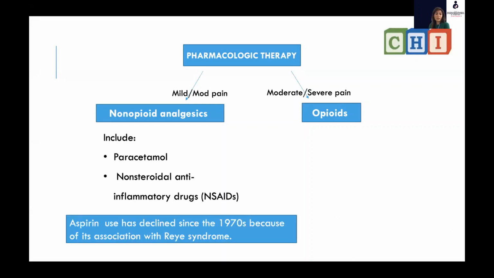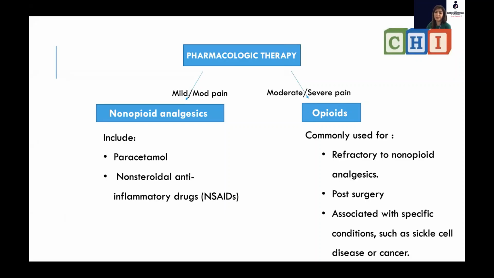Aspirin used to be used, but not anymore, and I don't believe anyone suggests aspirin since 1970 because of the association with Reye syndrome.